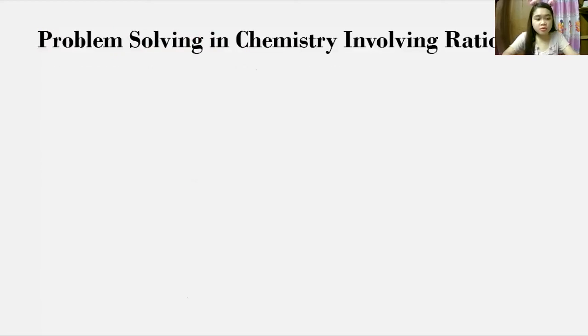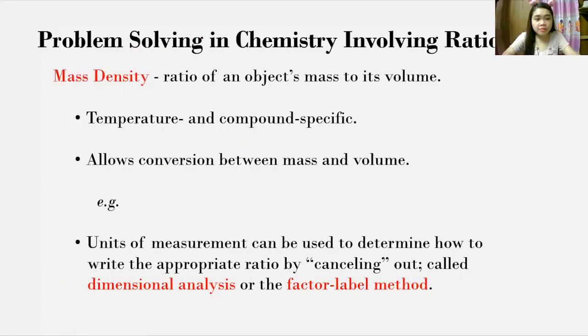So let's continue. We have here problems involving solving chemistry problems which involve ratios. An example of this is the mass density. I've already introduced density in the past slide. It's equal to the ratio of the object's mass to its volume.